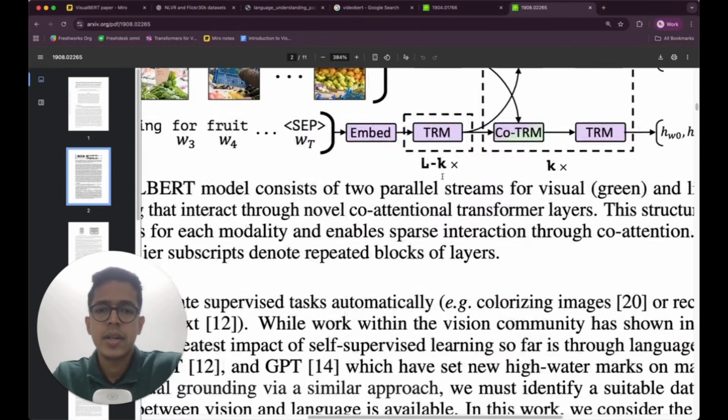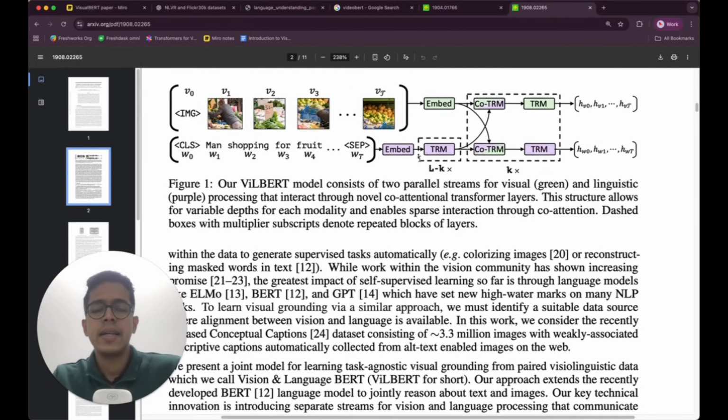Here they construct queries, keys, and values out of images and text separately. The queries in image will attend to keys in text, and queries in text will attend to keys in image. That's what these two arrows are showing. This is how cross attention is created between the textual stream and the image stream.